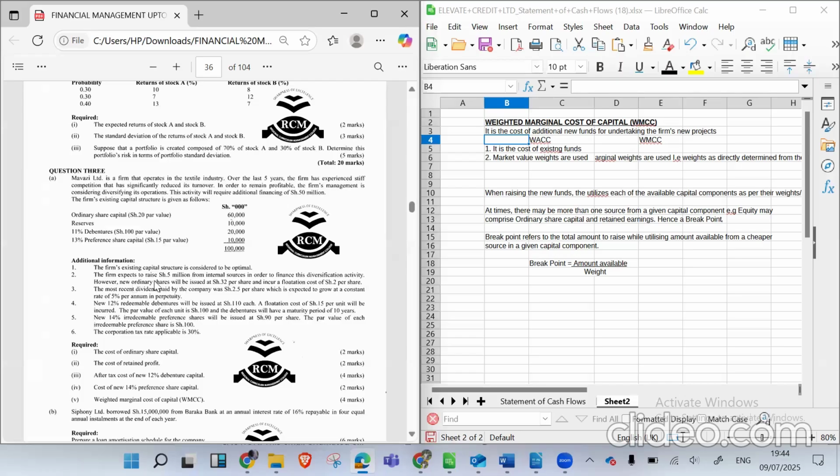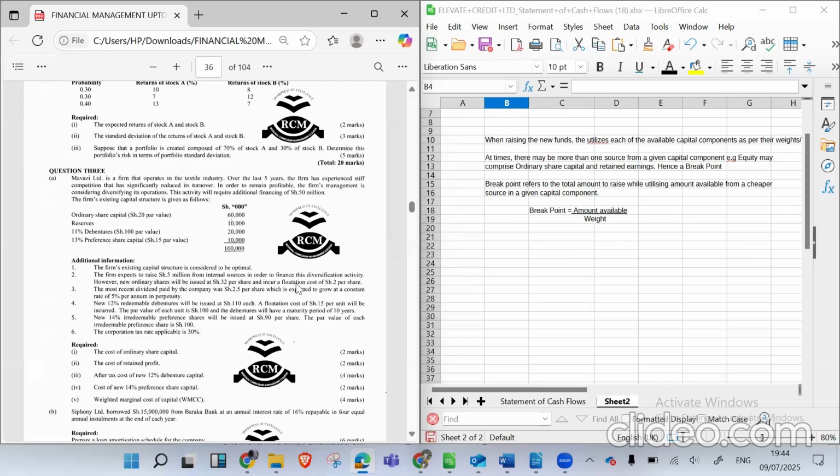The firm expects to raise 5 million from internal sources in order to finance this diversification activity. By all means, we know internal sources mean retained earnings, the internal equity. So we have an amount expected from retained earnings, which is 5 million. However, new ordinary shares will be issued at 32 shillings per share and incur a flotation cost of 2 shillings per share.